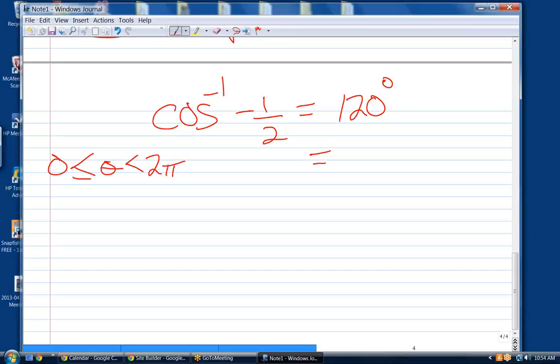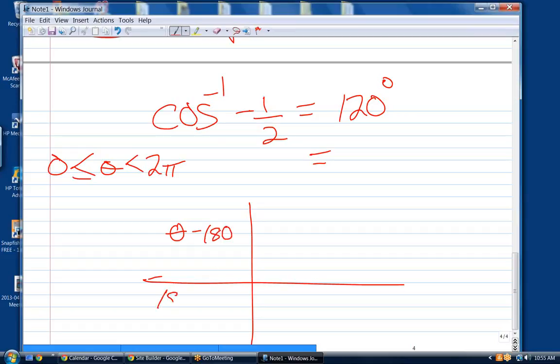Let's see. This is the third quadrant. Okay, so that would be, won't be 180. Okay, let me give you a good way to do this.